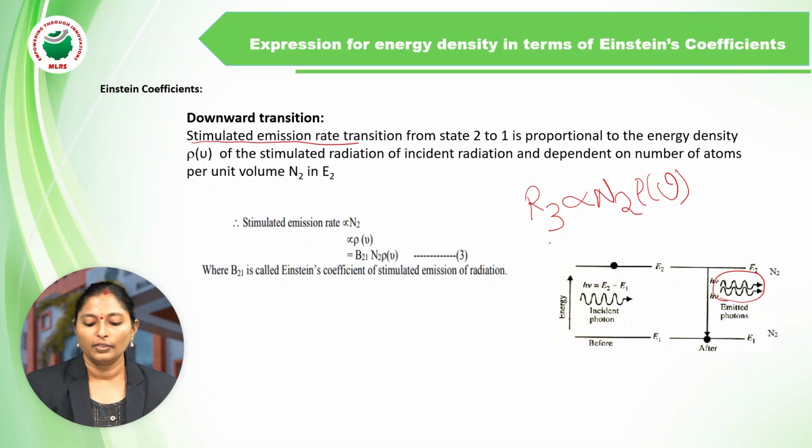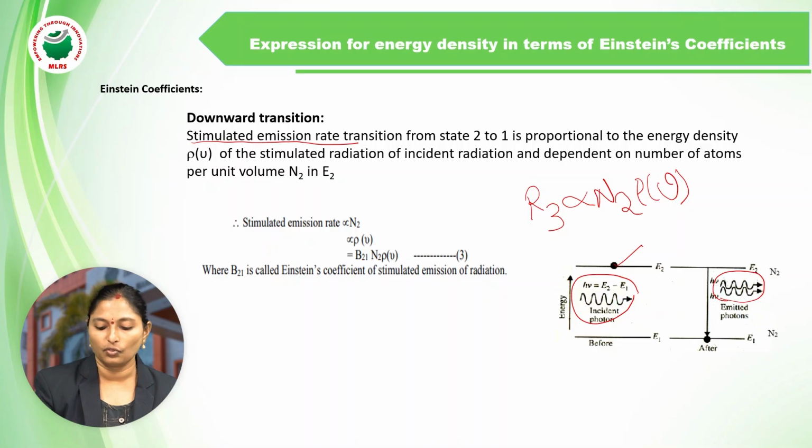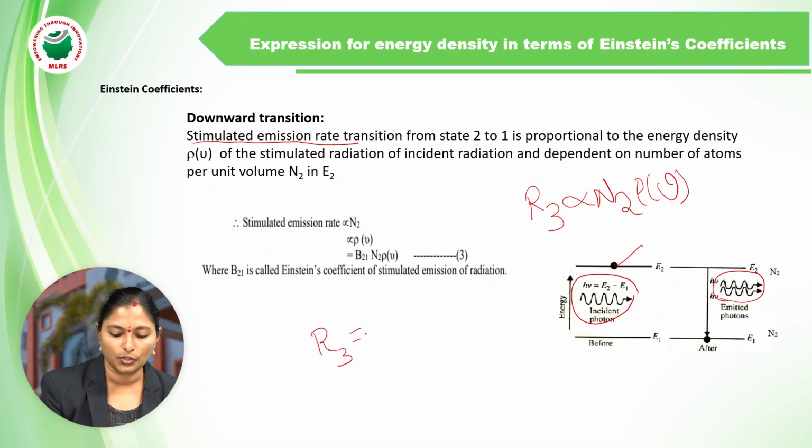So the rate of stimulated emission depends upon the number of atoms in the excited state and, in the same way, the energy density. So if we take the proportionality, we have a constant, which we are going to call B21. So R = B21 N2 rho nu.